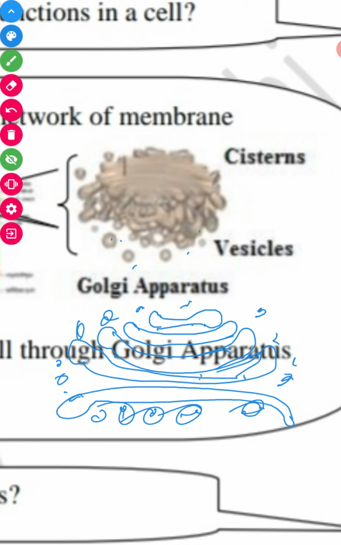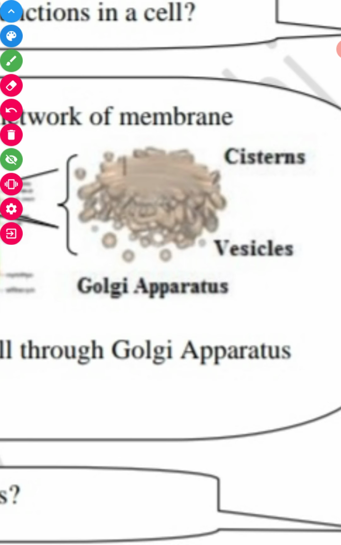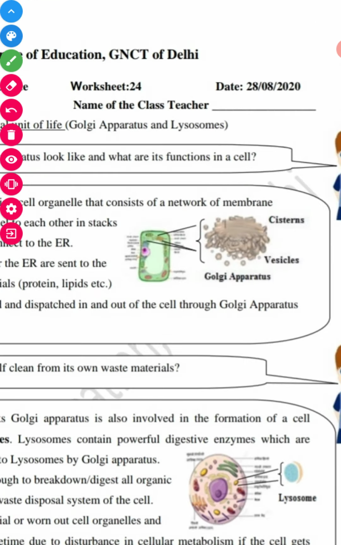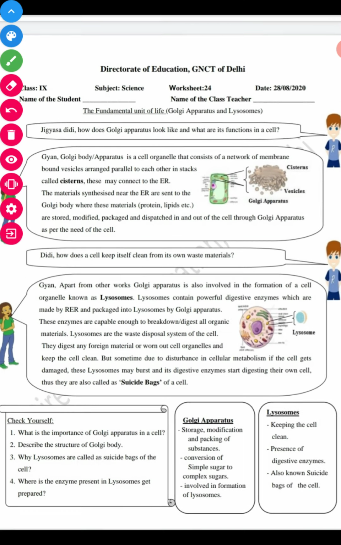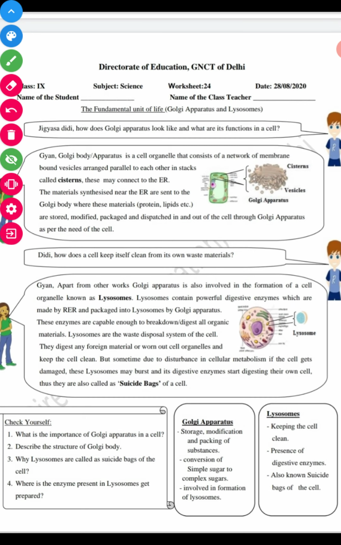So we can say the Golgi apparatus is the cell organelle that consists of a network of membrane bound vesicles arranged parallel, called cisternae, as I told you, and they may connect to endoplasmic reticulum.